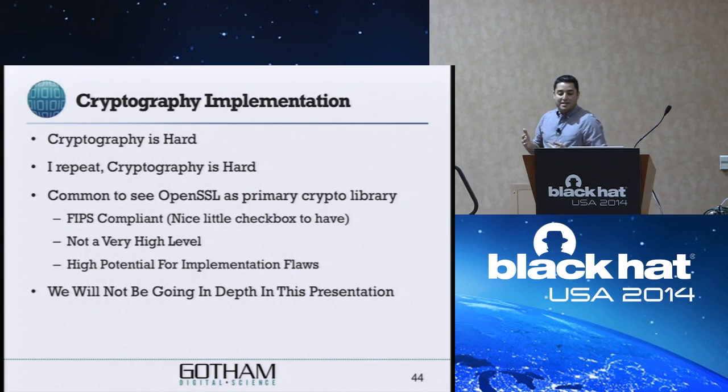But the problem is that OpenSSL is not really a high-level library, like maybe if you're familiar with Keyczar or something like that, where it tries to eliminate some of the difficulties of crypto from developers. It tries to do things as right as it can or knows how to. With OpenSSL, you're working with pretty low-level stuff, and there's a high potential of having implementation flaws when you're doing that.